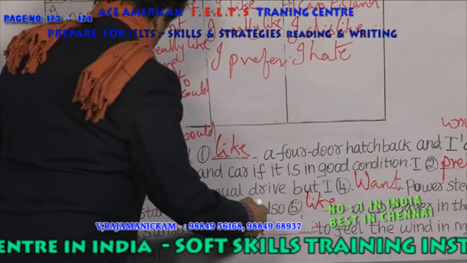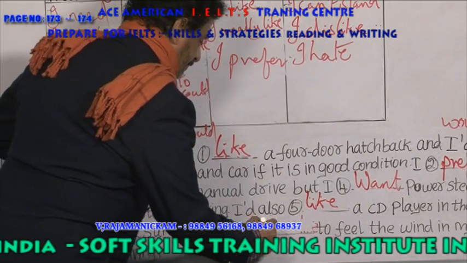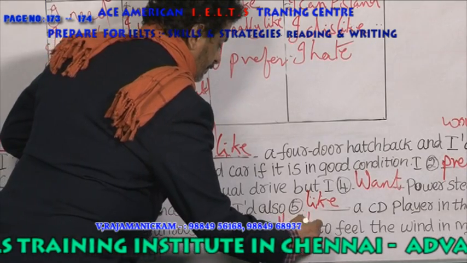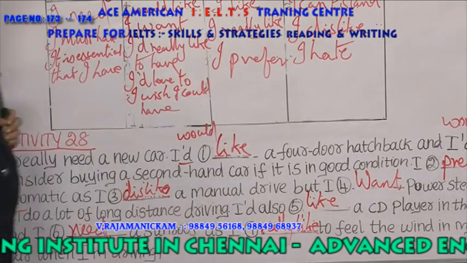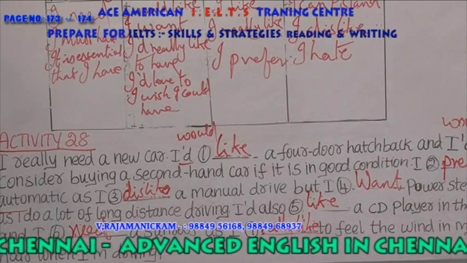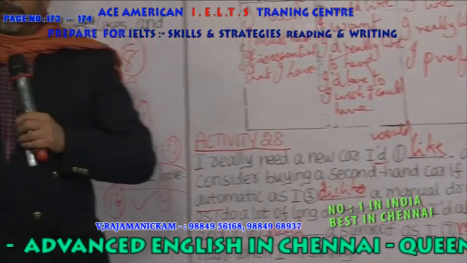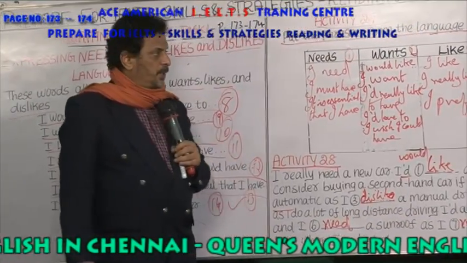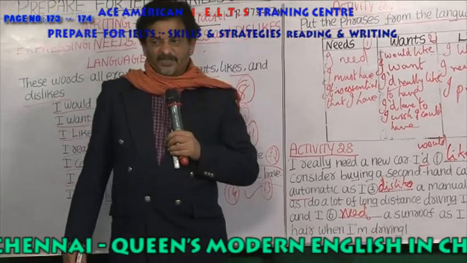So he likes to have the wind blowing. Like to feel the wind in my hair when I am driving. You got it, sir? So all the preferring, liking, disliking, wanting and needing words.